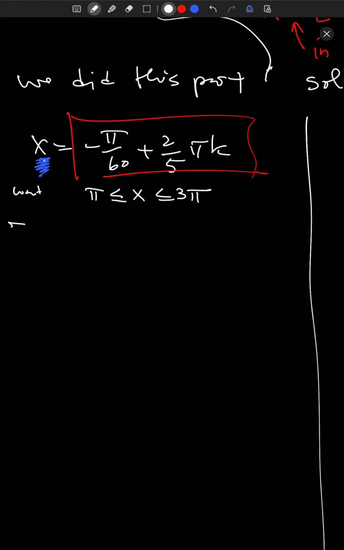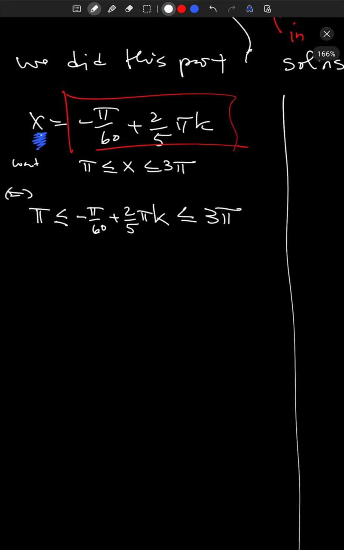So that's the same as pi less than or equal to minus pi over 60 plus 2 over 5 pi k less than or equal to 3 pi. I need this condition to be satisfied. If this condition is satisfied, then that will give me a solution that I want.